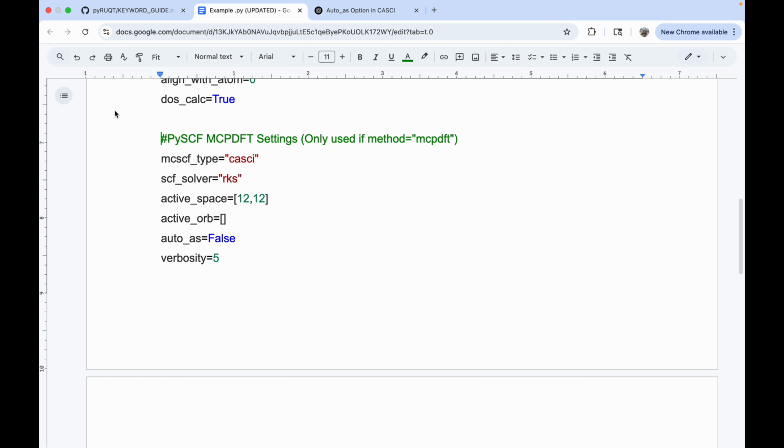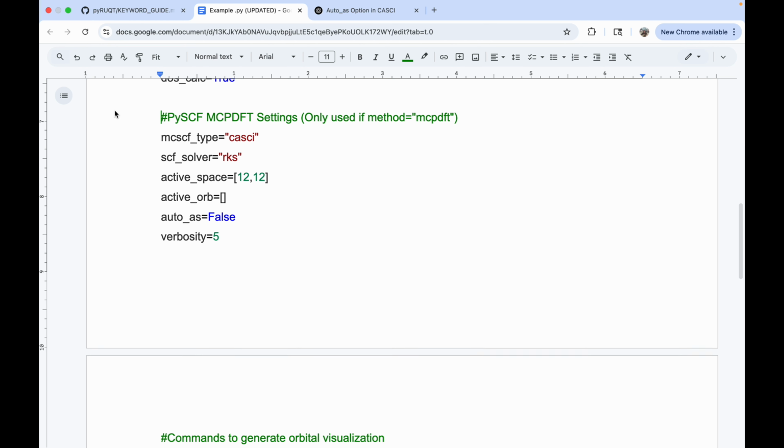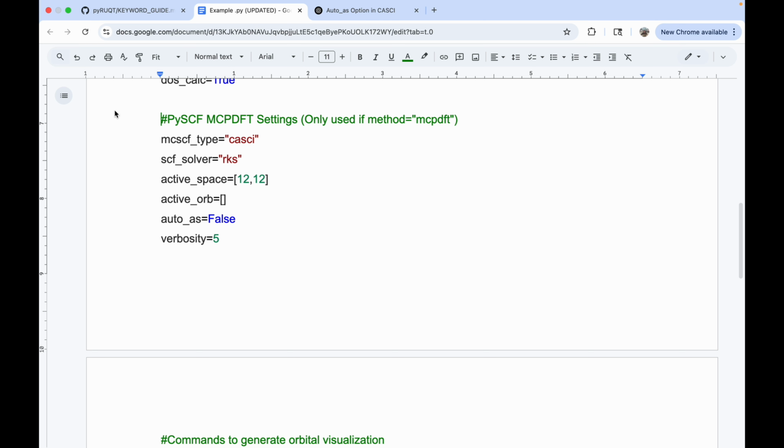The next section in the script is the MCPDFT section, where changing these settings is only going to affect if you are using the multi-configurational pair density functional theory. The first thing is MC-SCF type, and this is the complete active space configuration that you are using.